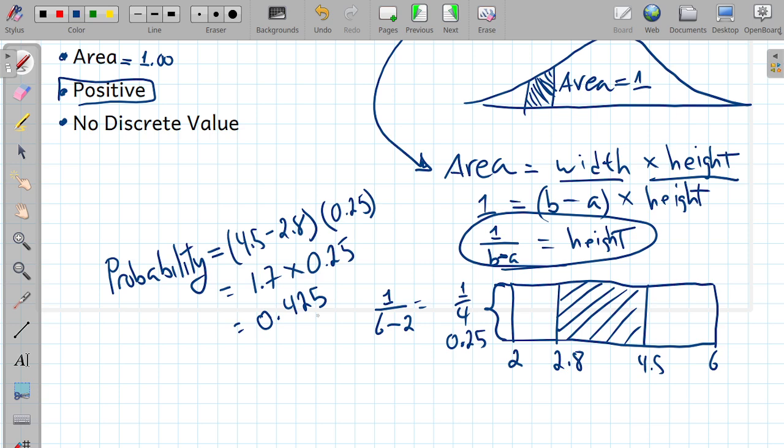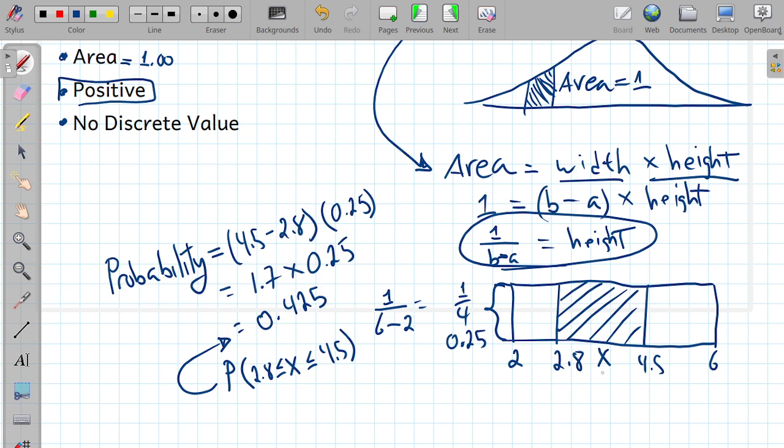Now, notationally, we could have written that as, what's the probability that some random value x is less than or equal to 4.5, and greater than or equal to 2.8? Well, the answer is right there. It's that. There we go. Then there's our x.